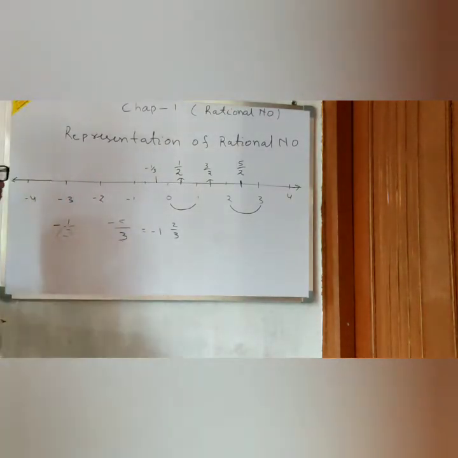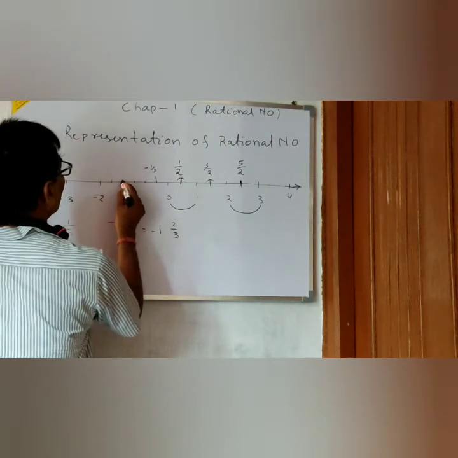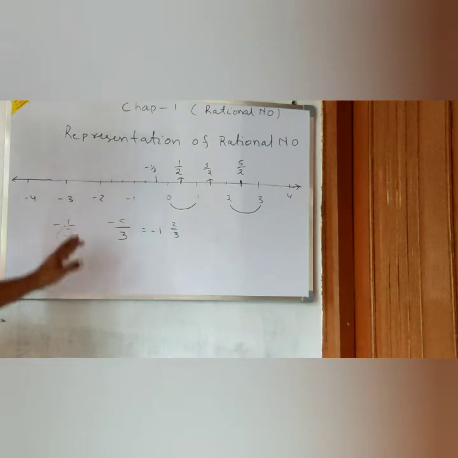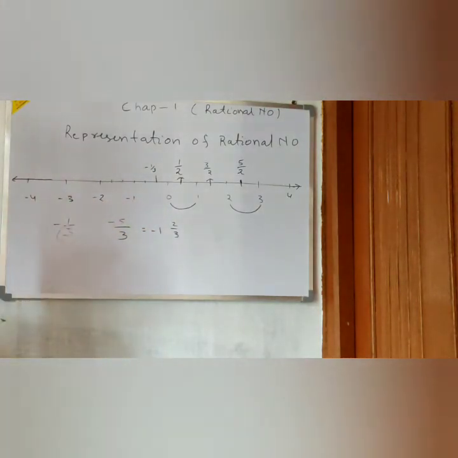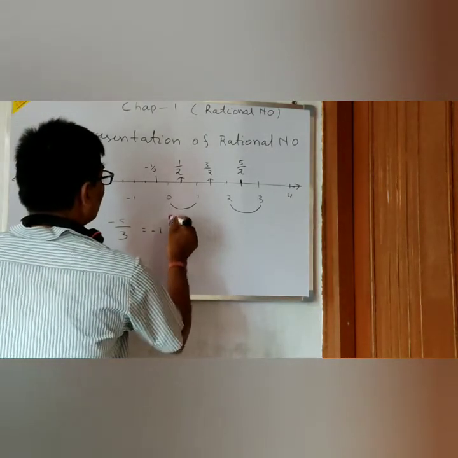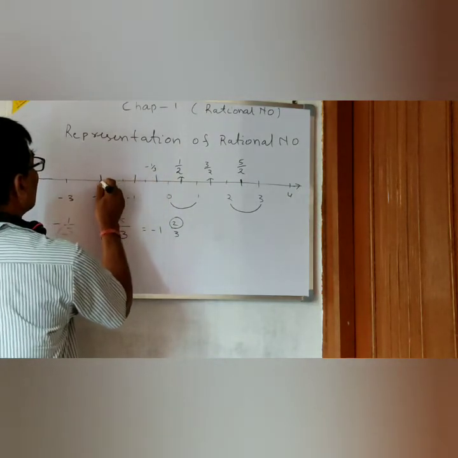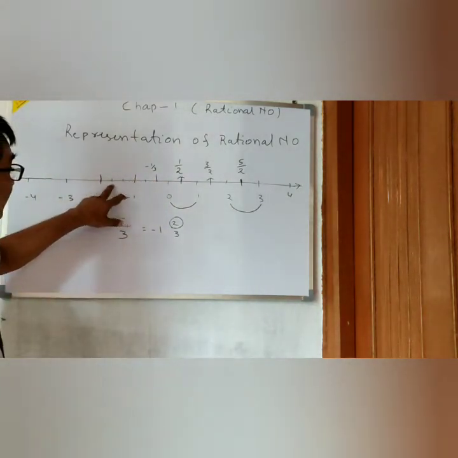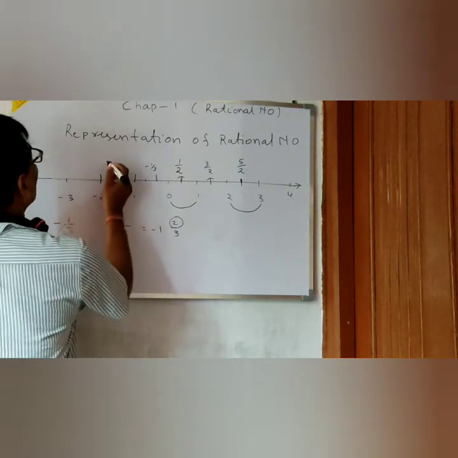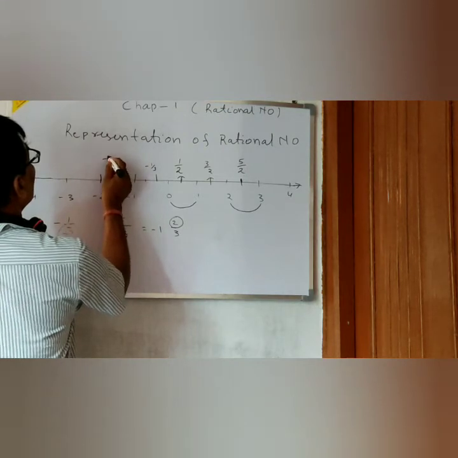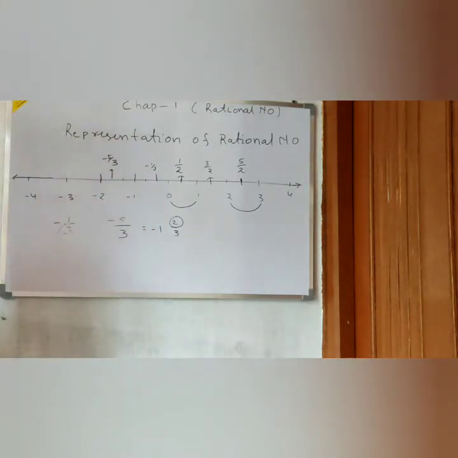We need 3 parts, so mark 2 points on this number line. We have 3 parts between minus 1 and minus 2. Taking 2 parts here, the first part is this, and the second part is this. So this is the representation of minus 5 by 3 on the number line.